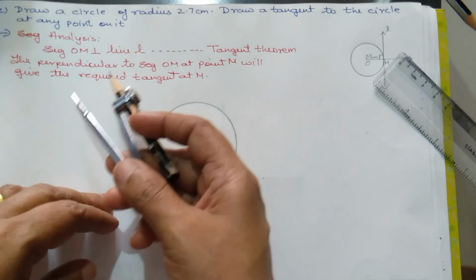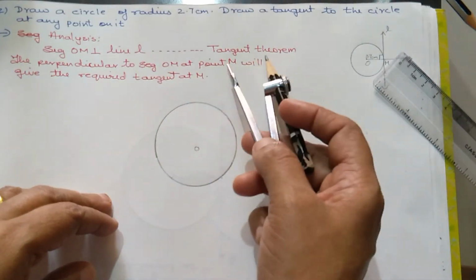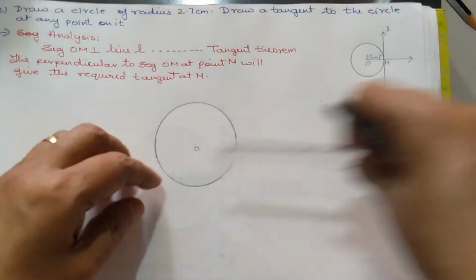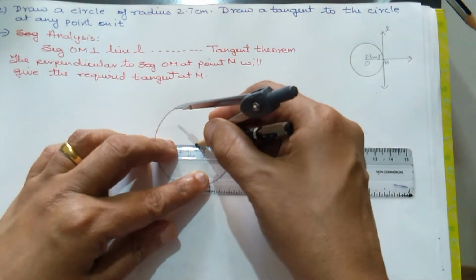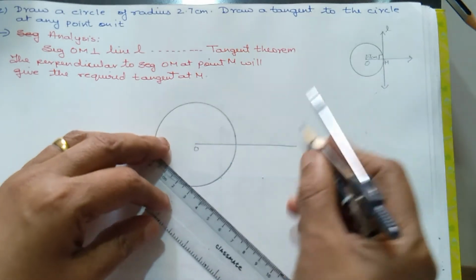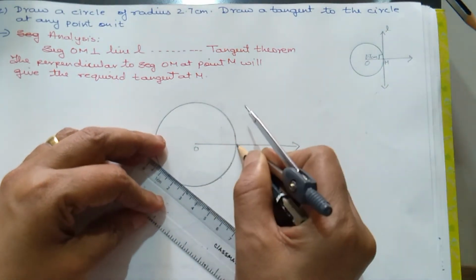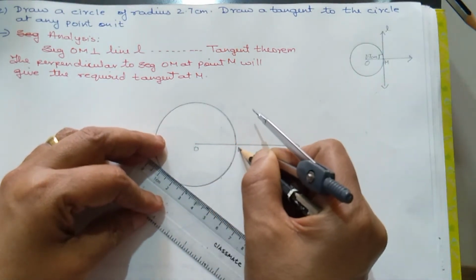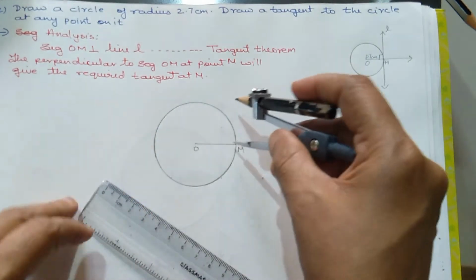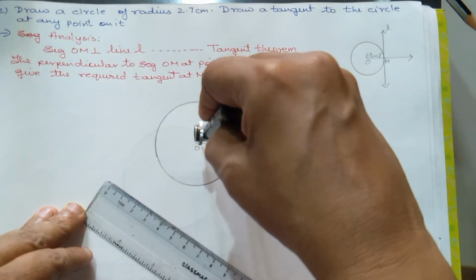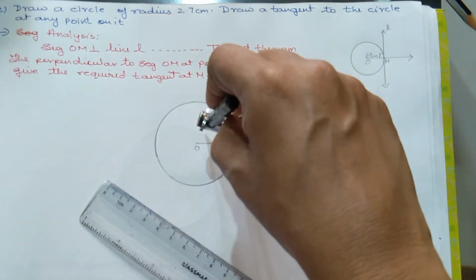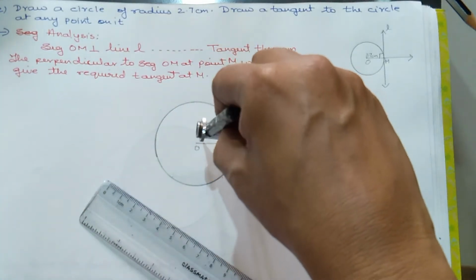So the perpendicular to segment OM at point M will give the required tangent. Now from O you draw a ray OM. This is point M, and through M we have to draw the tangent perpendicular to the radius. This is also like the first method, only using the center of the circle.